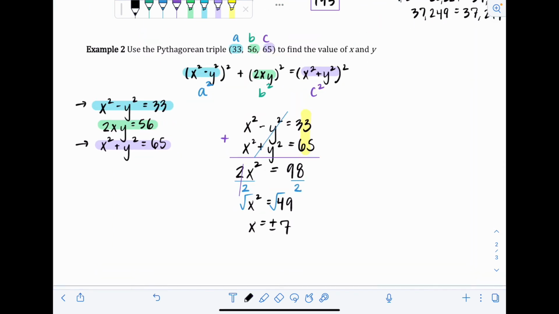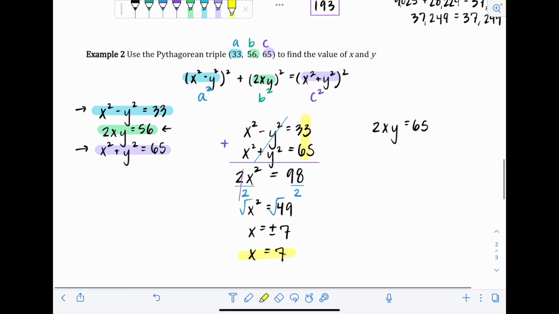So we would just use x equals 7. So we need to find x and y. We found x equals 7, and now you can just pick any of the three equations to solve for y. Probably the middle one, the green one right here, is the easiest to use, but you could pick any of the three. So I'm going to pick that one that's highlighted in green.